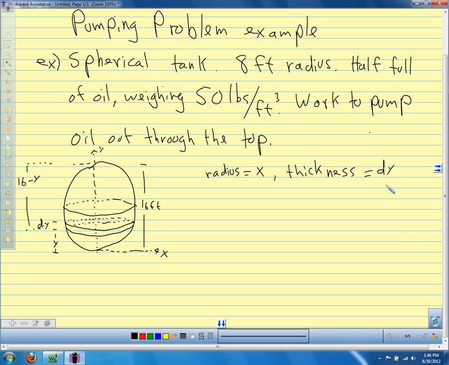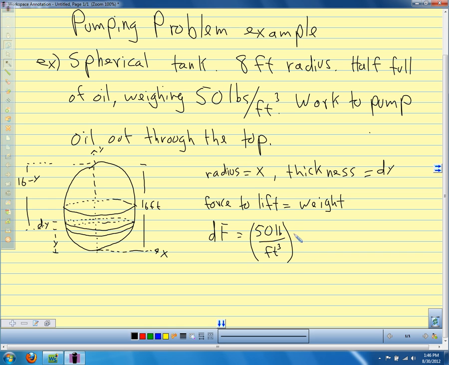The force required to lift this little layer of oil is its weight. So I'm going to call that increment of force that is required to lift that layer of oil out the top, dF. That's going to be 50 pounds per cubic foot times the volume of the disk.